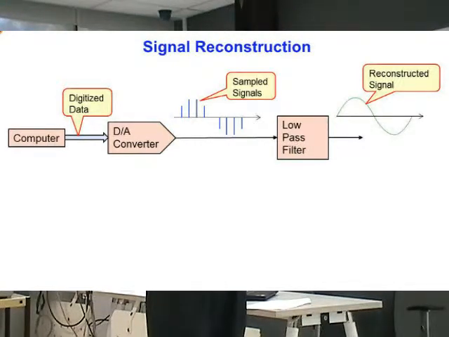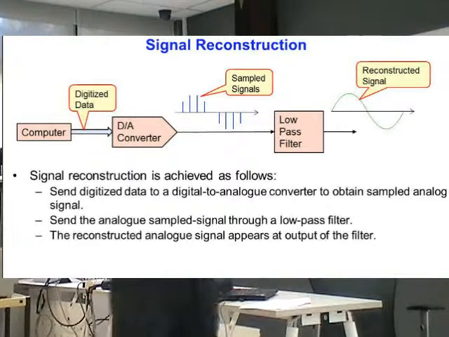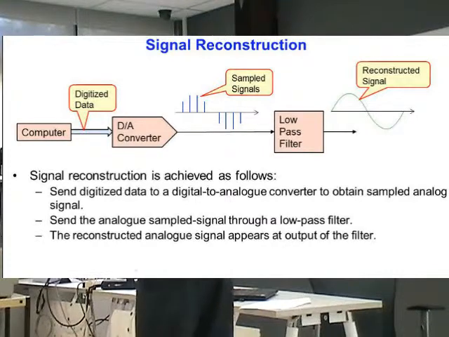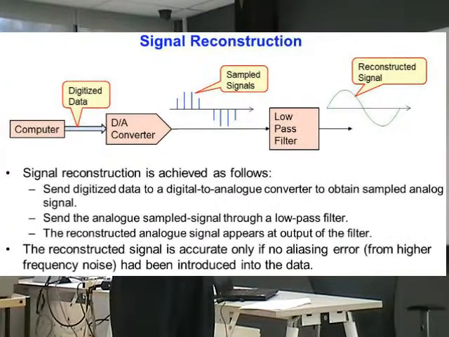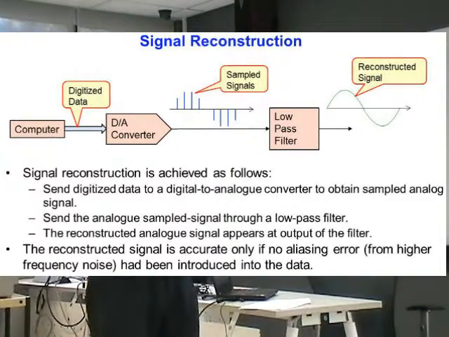After passing it through a low pass filter you get this nice sine wave back, or some other waveform that you might have sampled earlier. So this reconstructed signal will be accurate relative to the input signal, provided no aliasing error has occurred.